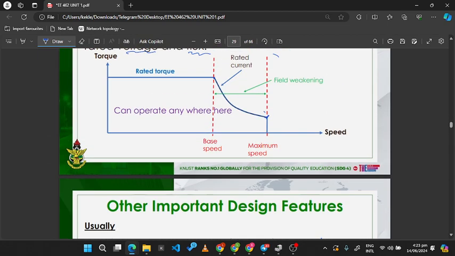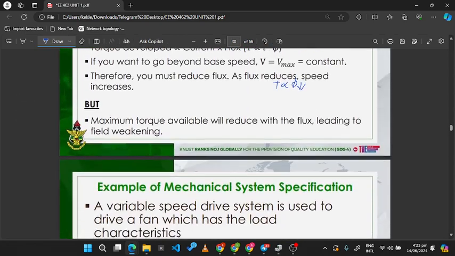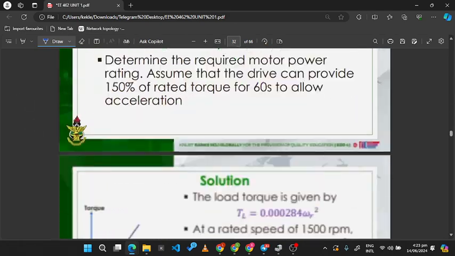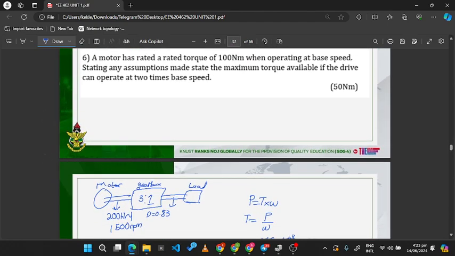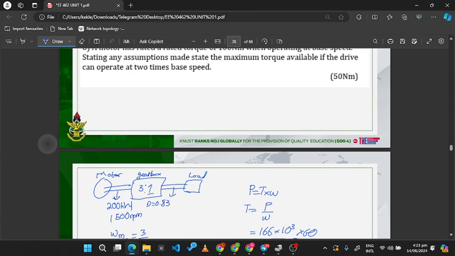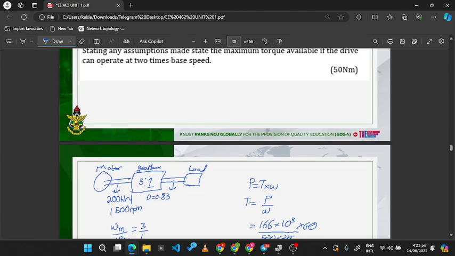This process is called field weakening. So for this, we have to assume that we can weaken the field of the motor. So back to the question. Stating any assumptions made, state the maximum torque available.